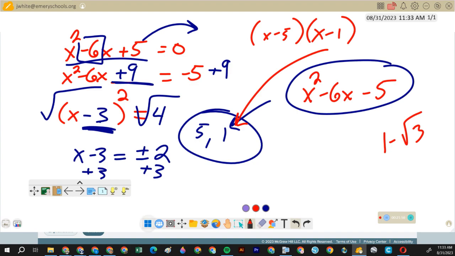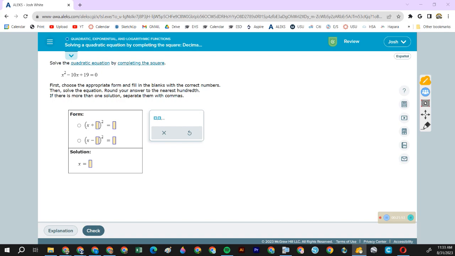So before I made a mistake on this one, oh, I lost it. But does this factor? Are there factors of 19 that add to be negative 10? Well, 19 is prime, so my only option would be 19 and 1. Can you create a 10 using 19 and 1? No. But we ended up with x minus 5 squared equals 6.